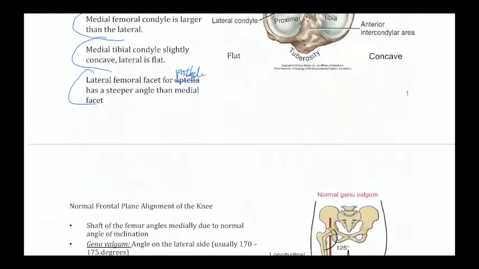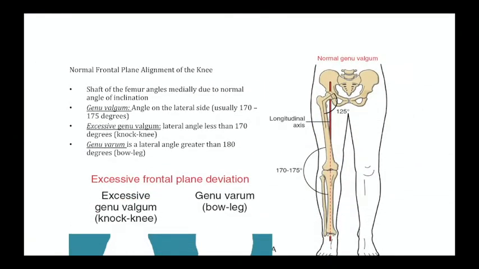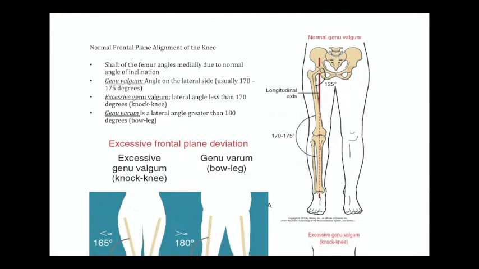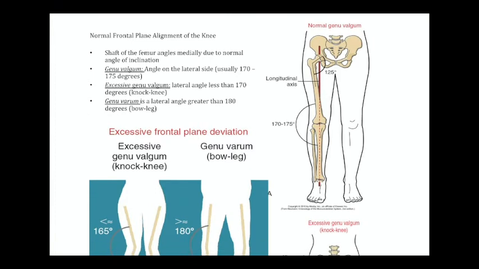Anyways, okay, so looking at some of the angles of the knee, like we did with the hip. Just like in the hip, there are some abnormal angles that can happen that can create some functional deficits. Normally, the shaft of the femur angles medially due to a normal angle of inclination, and so we have a normal angle of about 170 to 175, and that is called genu valgum.